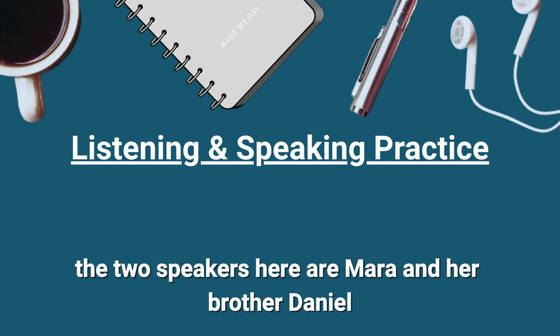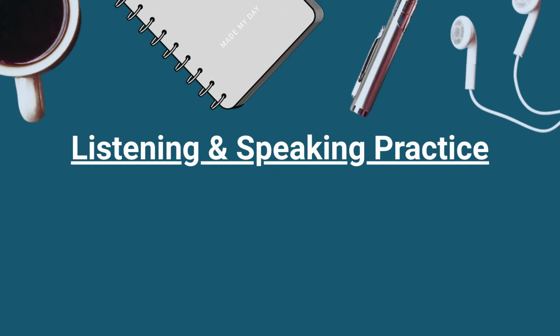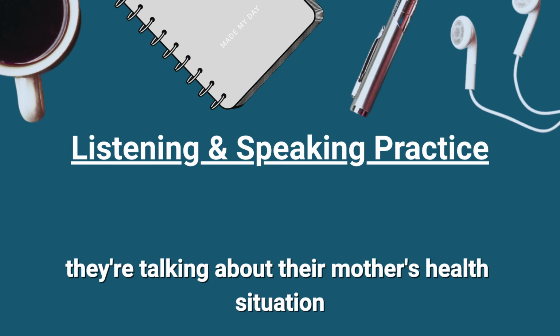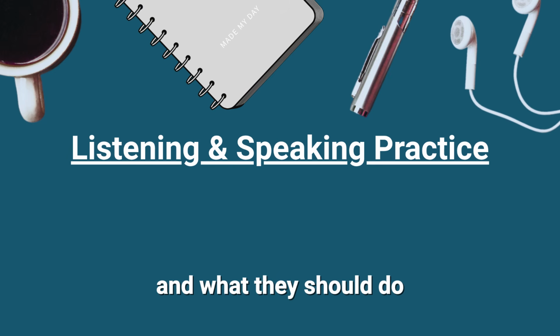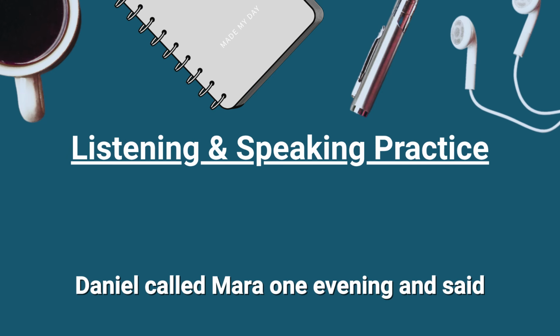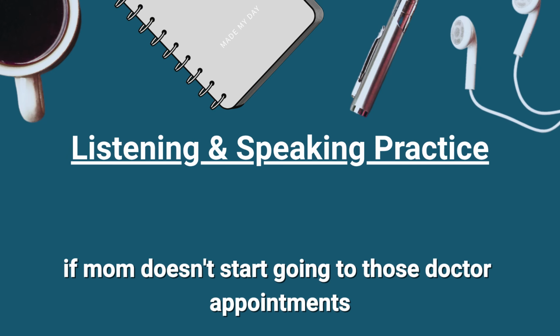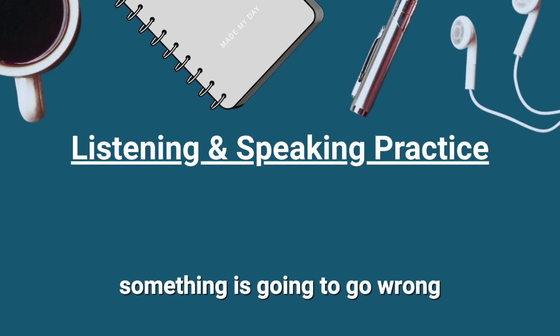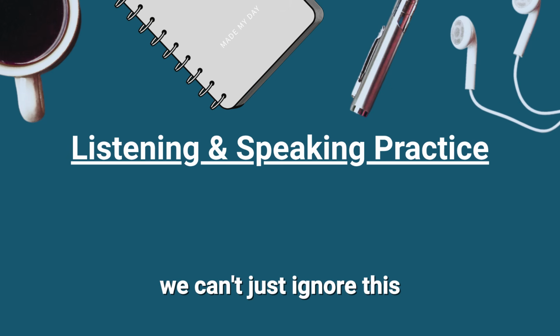The two speakers here are Mara and her brother, Daniel. They're talking about their mother's health situation and what they should do. Daniel called Mara one evening and said, "If Mom doesn't start going to those doctor appointments, something is going to go wrong. We can't just ignore this."